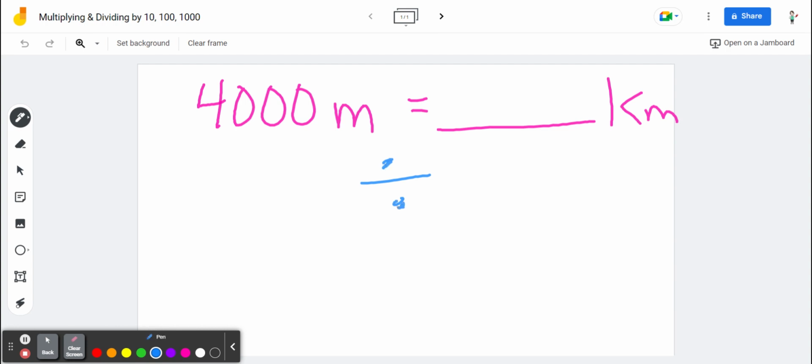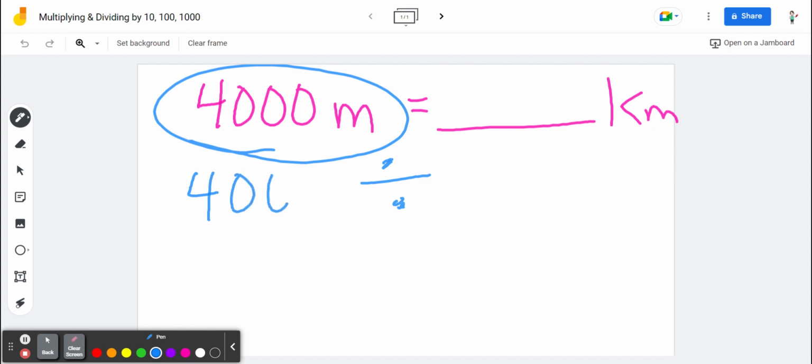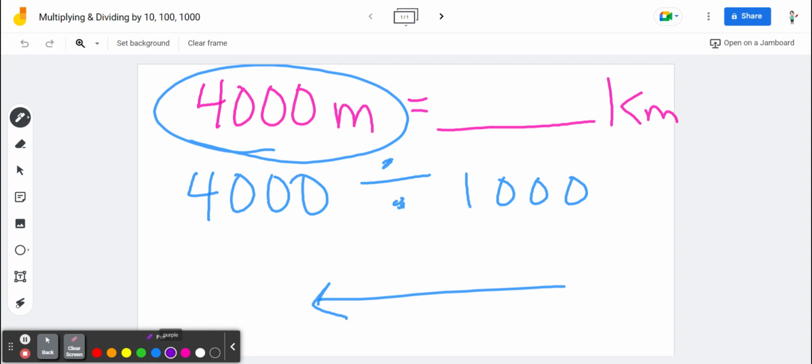Okay, so 4,000 meters, we know that there's 1,000 meters in 1 kilometer. So that will tell us what we need to divide by. So here's my 4,000. Here's my 1,000. We're actually going to move our decimal this way. Instead of moving the decimal to the right, we now move it to the left.